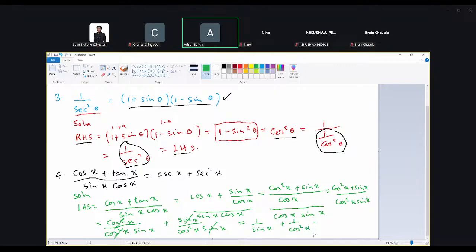Right, so 1 over sine x, we know that this is the cosec x. So you get cosec x, and then the other one, which is 1 over cosine squared, is just the sec squared x.